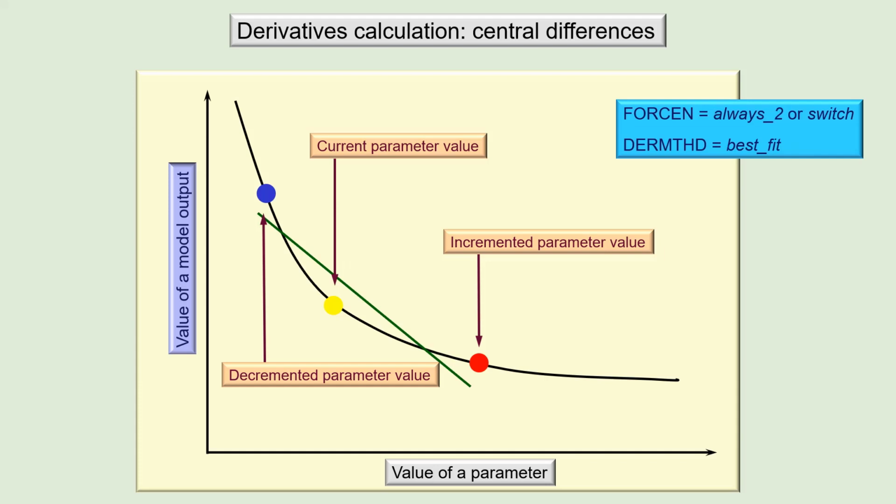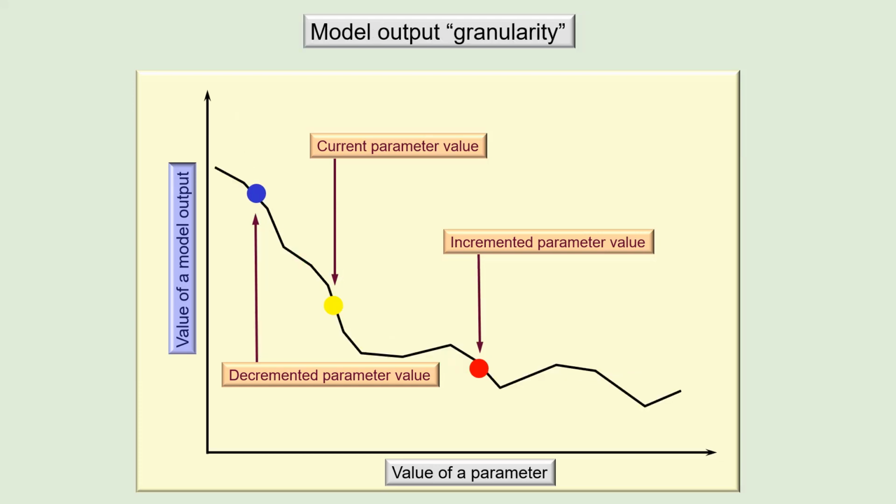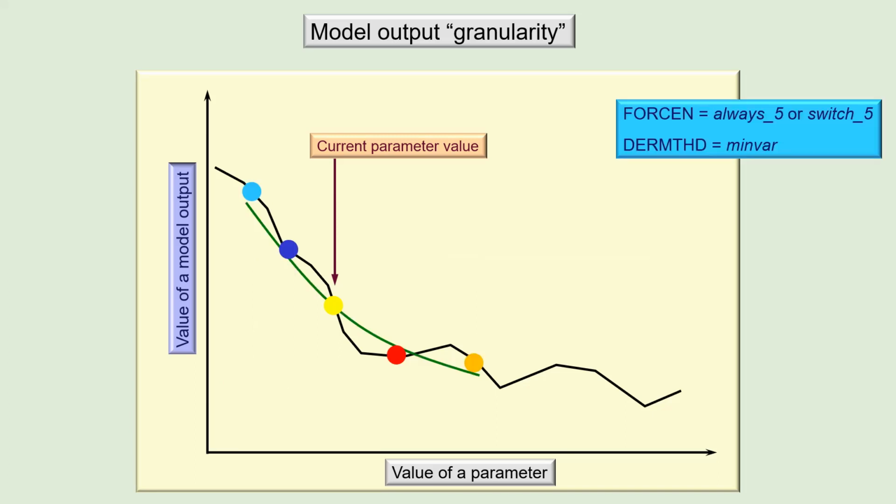This is a method of last resort if model outputs show significant granularity. If we do have a situation where model outputs looked at under the microscope look something like this, then we do have a problem, and perhaps we need to resort to 5-point derivative calculation.